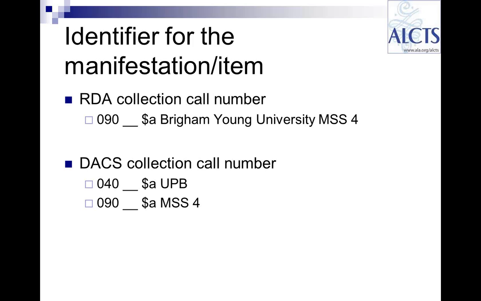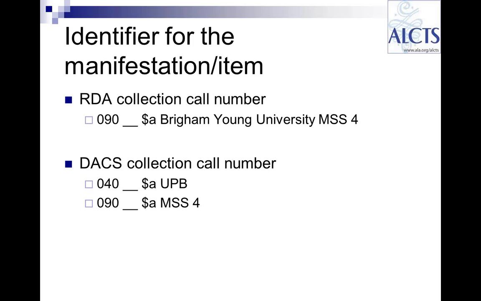So using the 040 subfield A for the repository code. This again may be an area, it's probably an area where best practices need to evolve, or more specific guidelines be introduced for how to record this information.